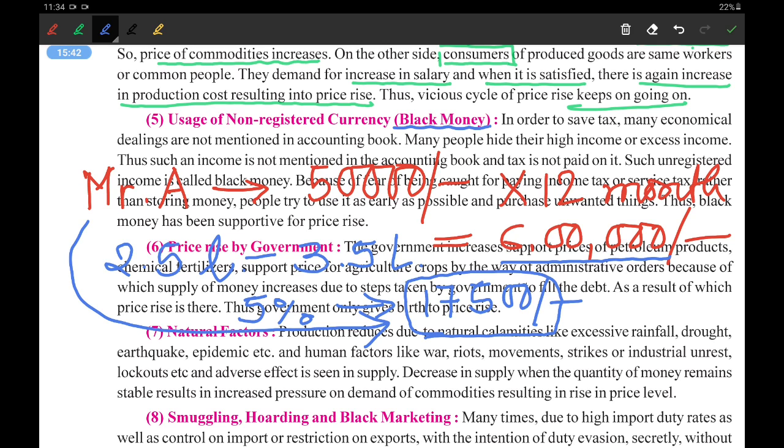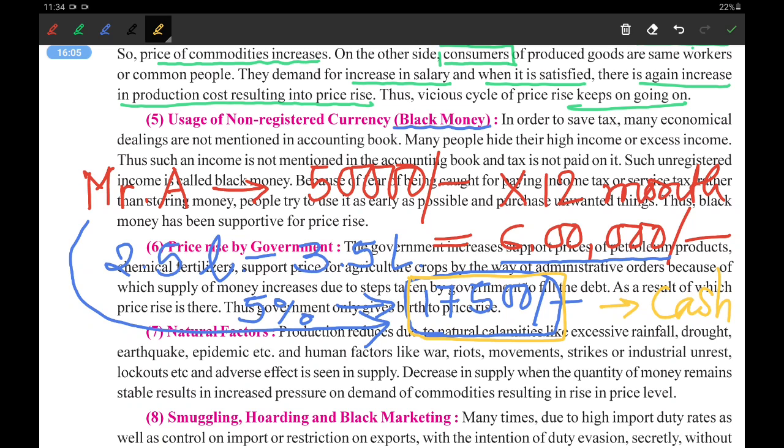Now if he doesn't want to pay this money, what does he do? He does not show the money in the bank. Instead he keeps it as cash, or he invests in something else, or in simple words he doesn't show it in his accounts or books, and that is termed as black money.